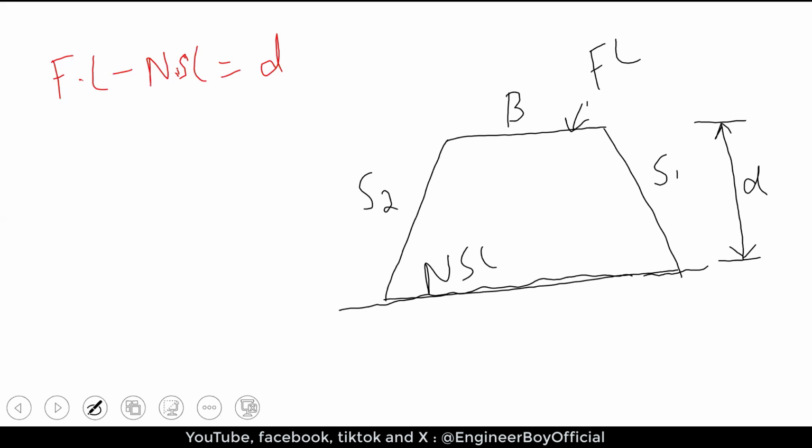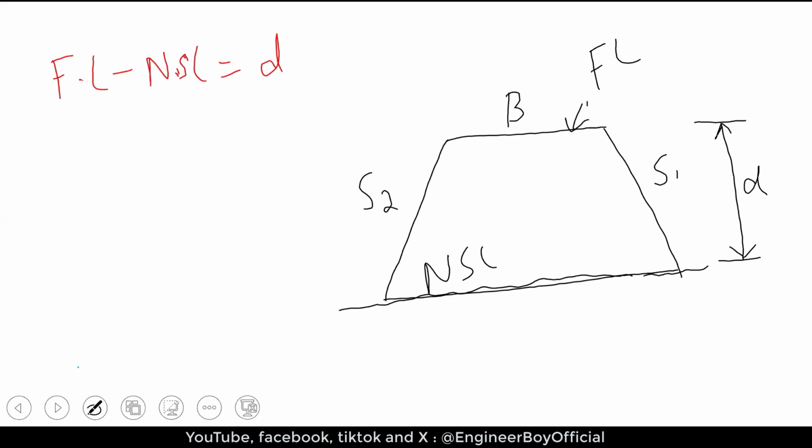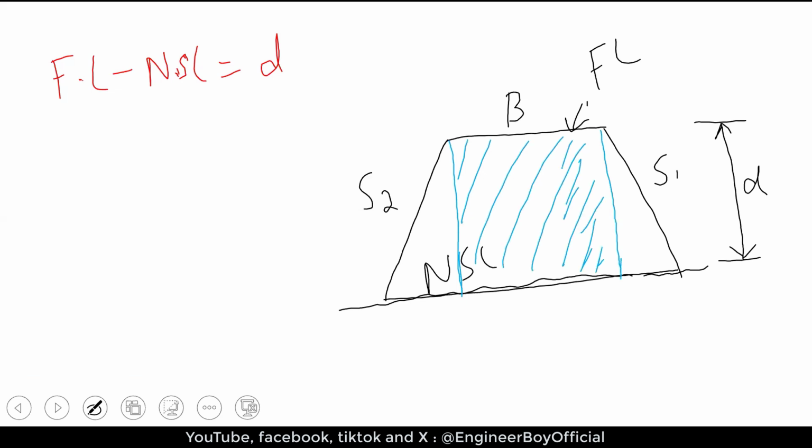Now, once we have the depth and the side slopes, what we do is split the same section into different geometries such as this one. The central one is the area of the center, which is just BD, because this is just a rectangle, so we have the breadth and then the depth. Now, the areas of the sides are triangles.